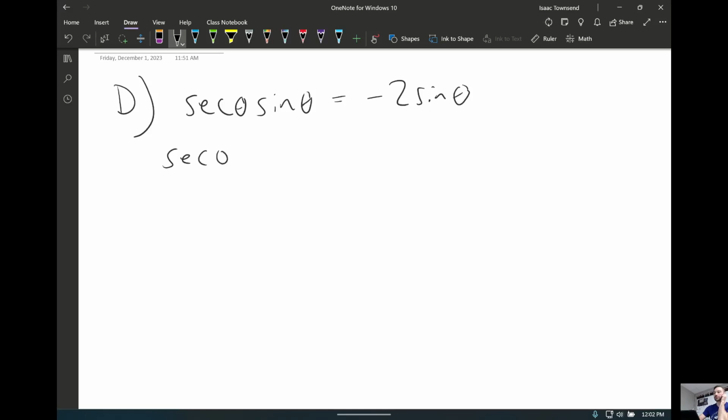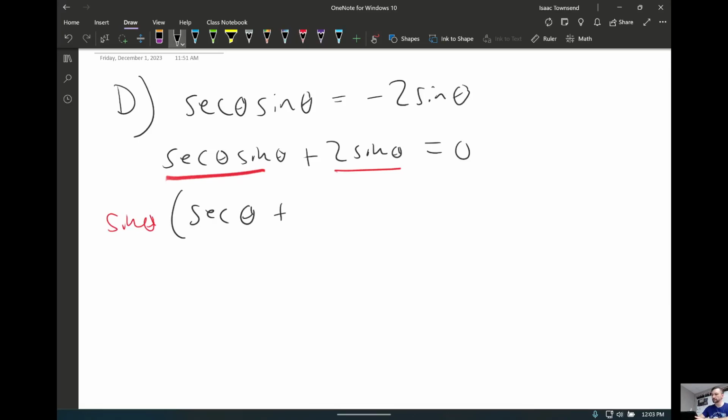Instead, what you could do is you could add this over, and now both terms have a sine, so you can factor out a GCF. And now you have factors that multiply to 0, so you can set each factor equal to 0 and solve.